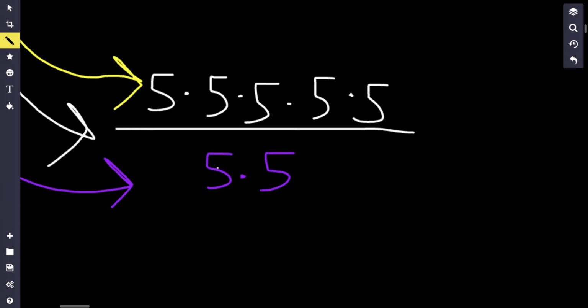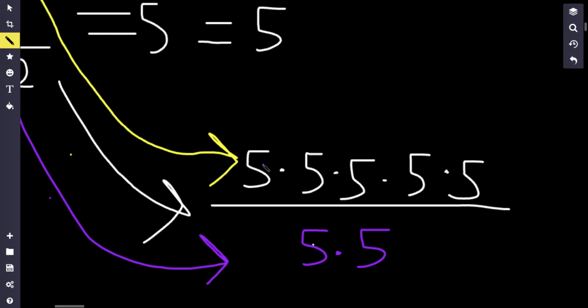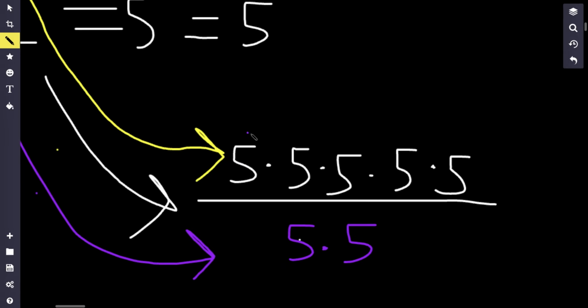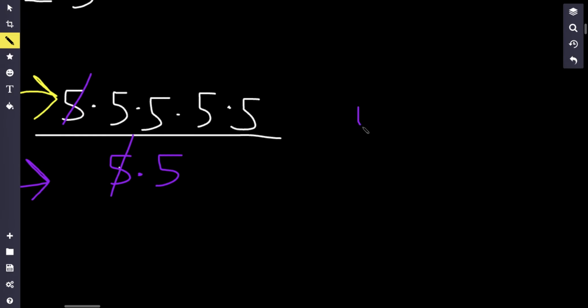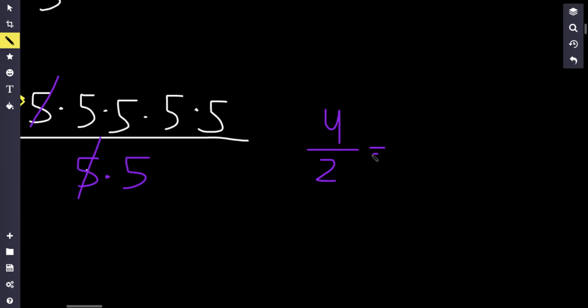And what you'll notice is that we have a 5 on the top and a 5 on the bottom. So what we can do is cancel them out. It's just like if you have a fraction, like 4 over 2, you're able to cancel the 4 out with the 2 so that you're left with a 2. Because we know that 4 is equal to 2 times 2, and it is going to be divided by 2.